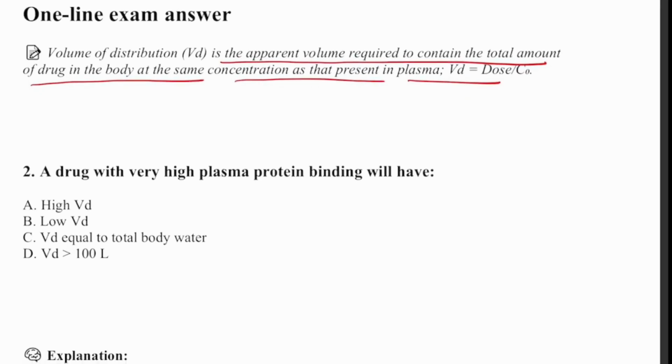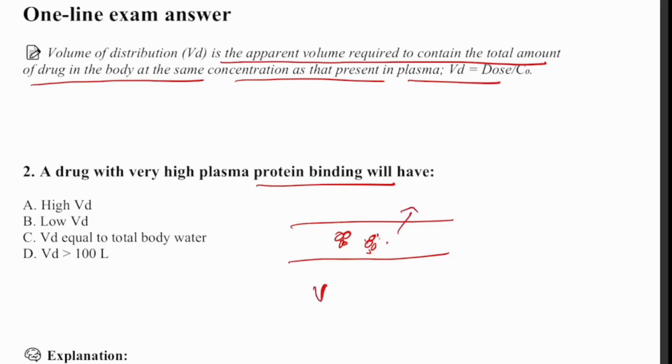Now we go to one or two MCQs to explain this a little more. A drug with very high plasma protein binding will have. So suppose you are injecting a drug, the drug is attached to proteins. So what will happen? Protein bound drug stays in the plasma. So it cannot enter the tissues.